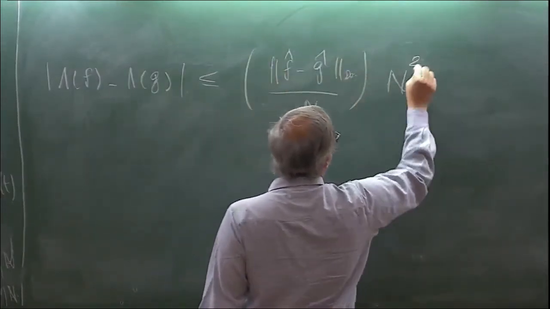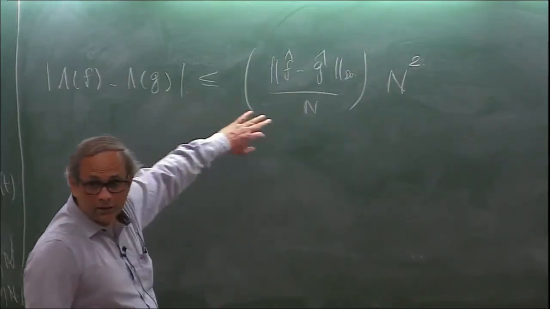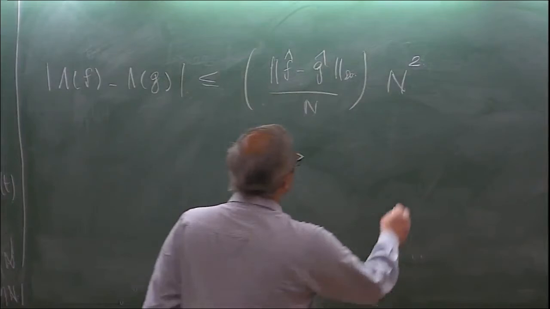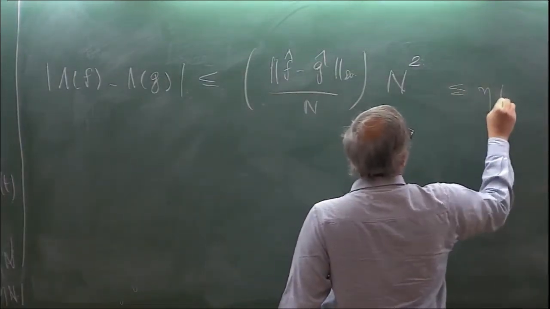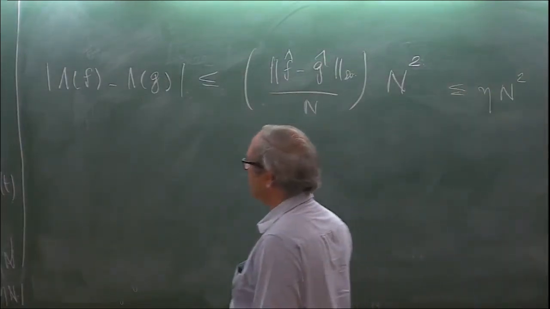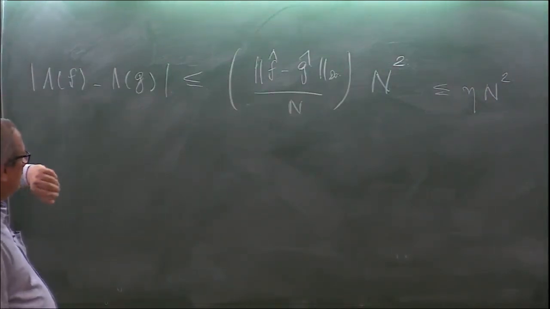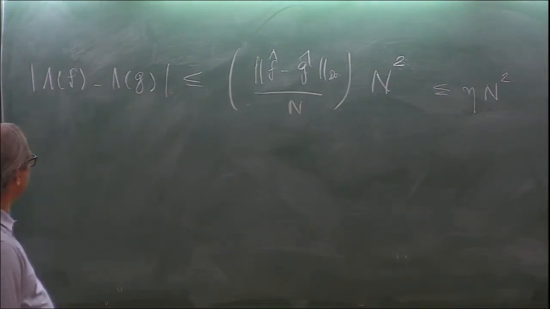In the case of p equal to 2, this is the convolution control inequality, and this gives you, this is less than eta times n square, where eta is that particular expression. Now if you combine all of this, okay, you have this thing.